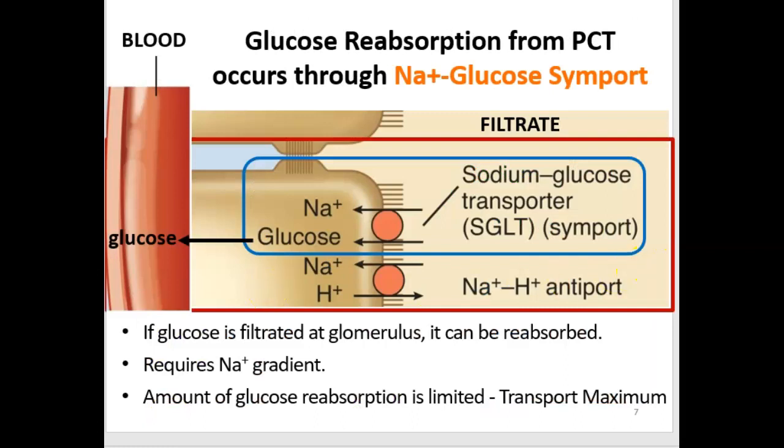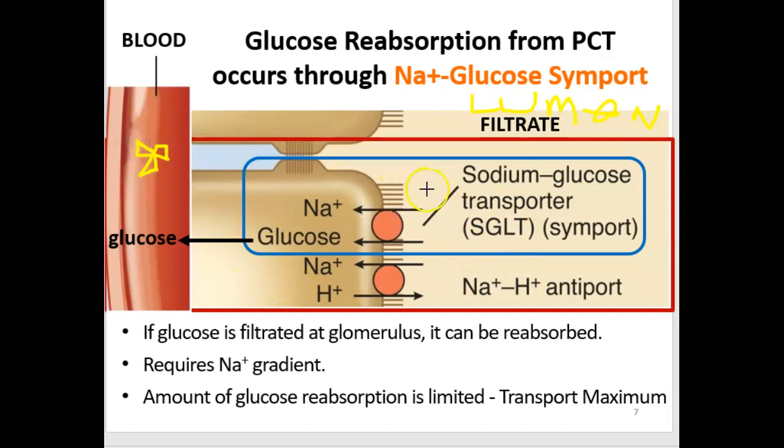This is a picture of how sodium and glucose are co-transported during reabsorption. I like it because it's really clear, but the problem with the picture is now we've reversed. So this is where the tubule lumen is, over here. And this is where the blood is, over here.